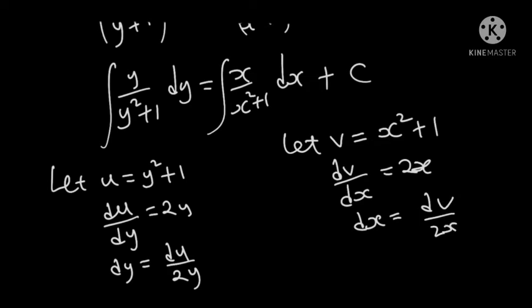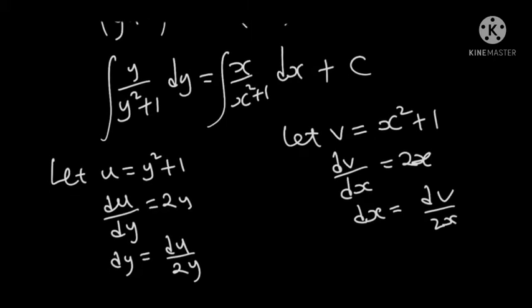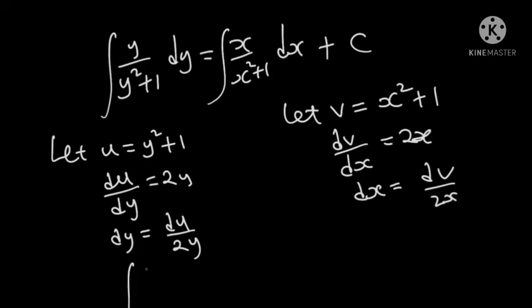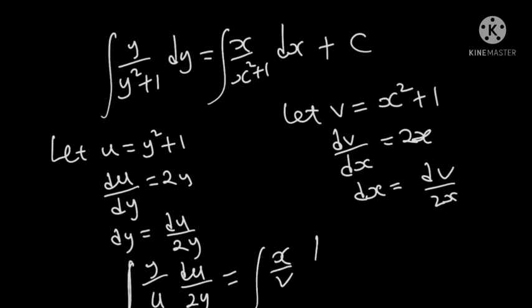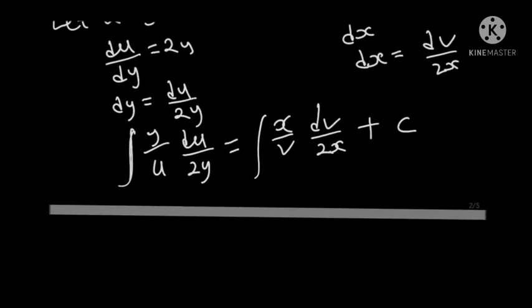Now, we can make this substitution in our equation. So we have the integral of y u du over 2y equals the integral of x v dv over 2x, plus, of course, the constant of integration. y and y will cancel. We can pull out a half.